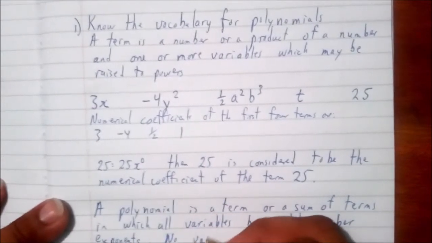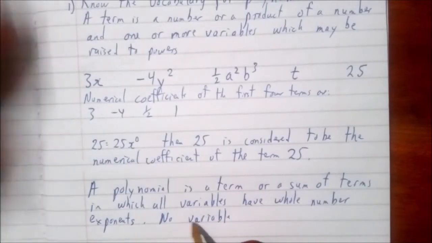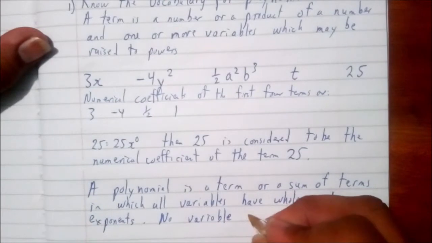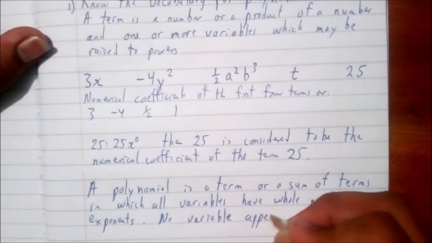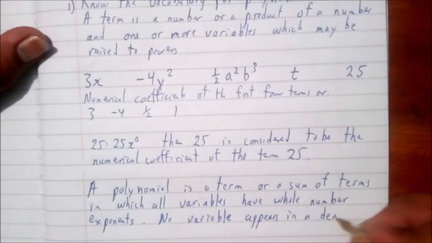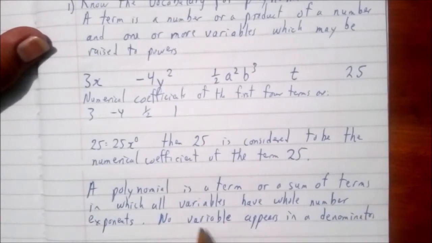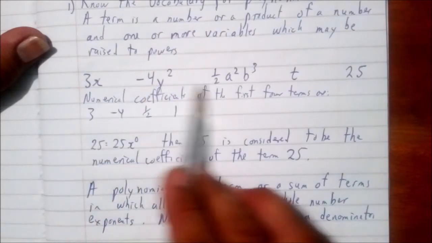No variable, and this is by law, no variable appears in a denominator. If you notice, there's no variable appearing below a whole number.